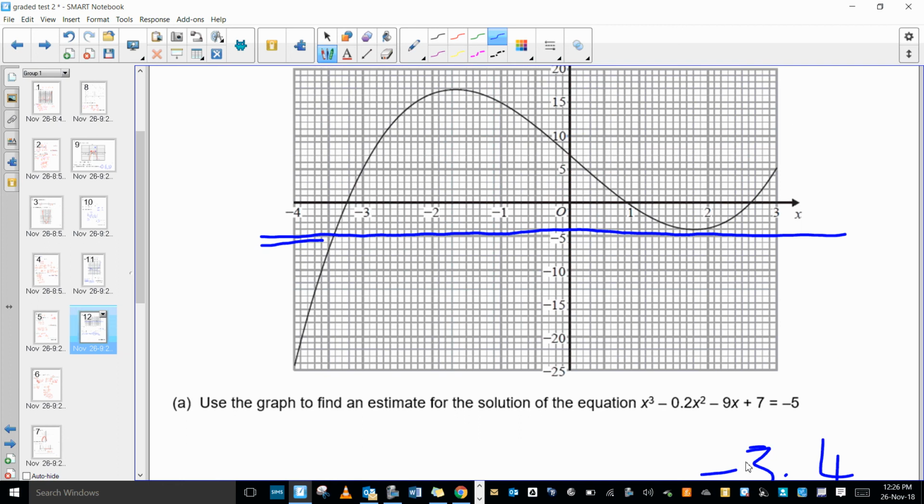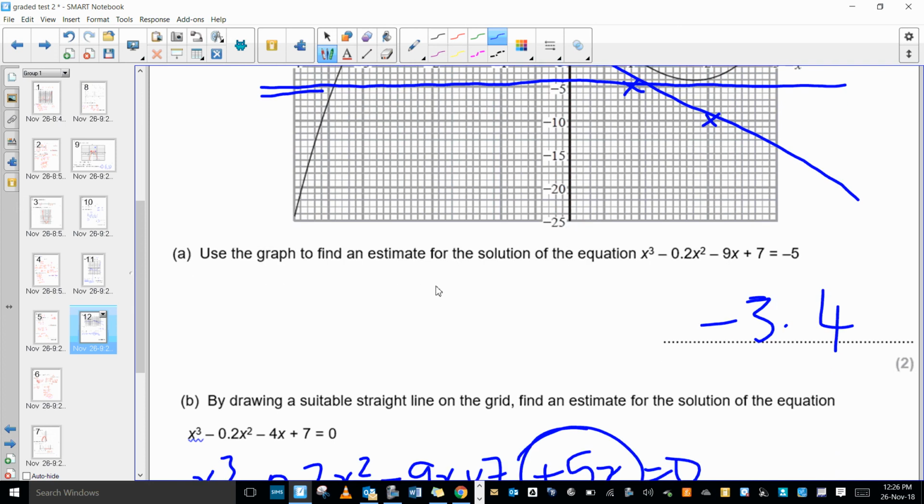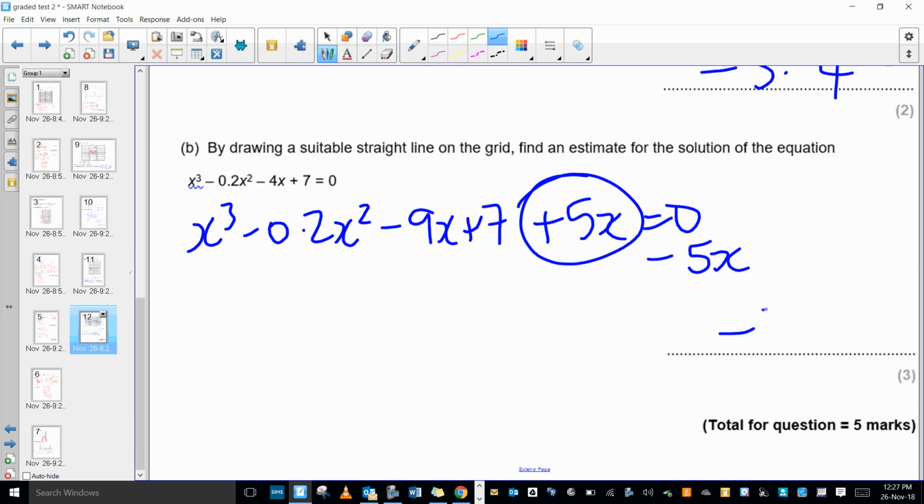It goes through 0, has a gradient of -5, so down 5 across 1, down 5 across 1. That's really badly done, but it worked out quite well though. Where do they meet? At -2.5. Okay, there we're done.